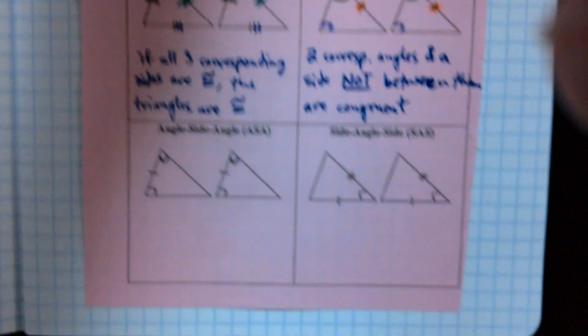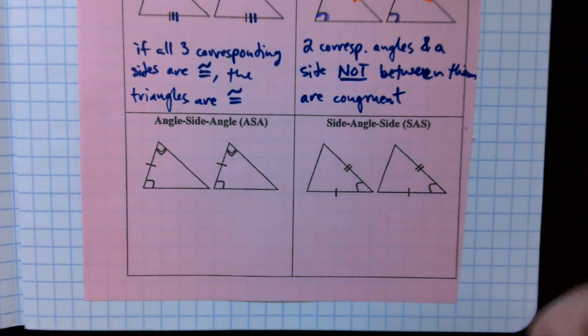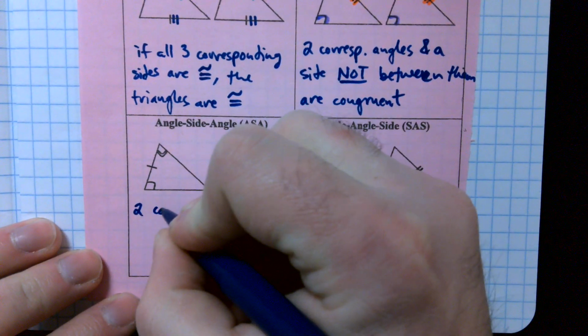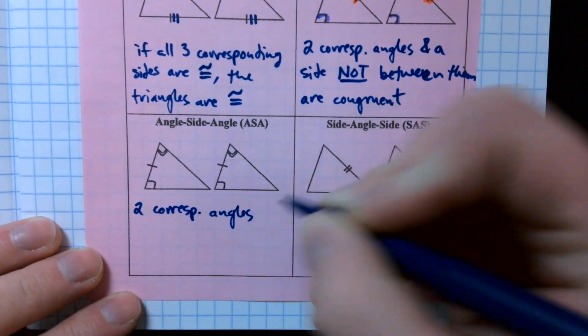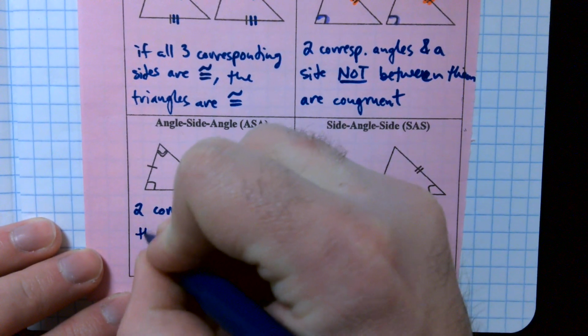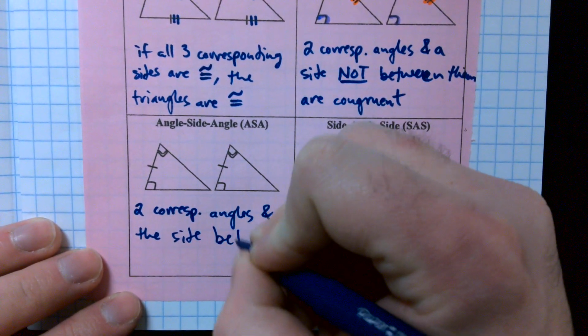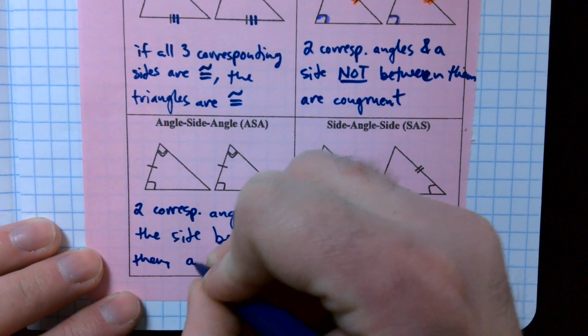Then we have angle, side, angle. Everybody say angle, side, angle. What's the abbreviation for that one? ASA. That's when we have two corresponding angles and the side between them that are congruent.